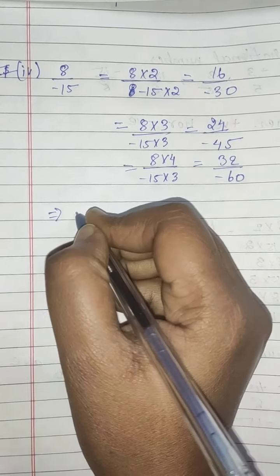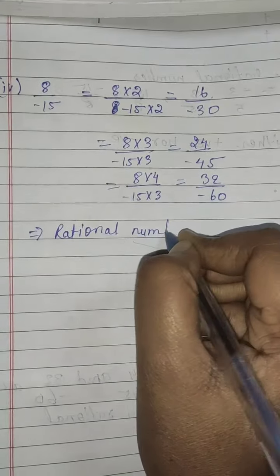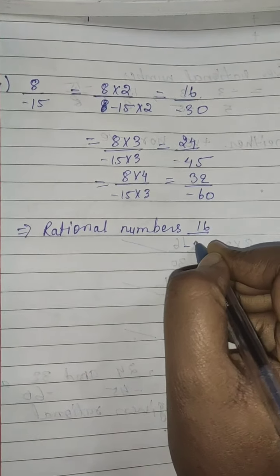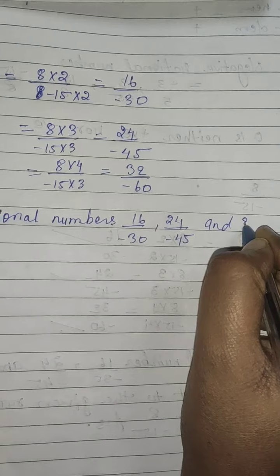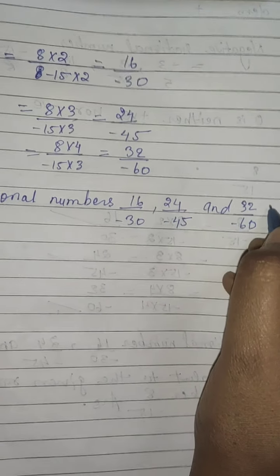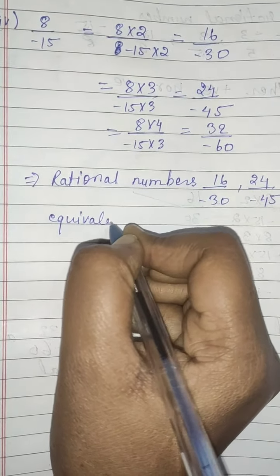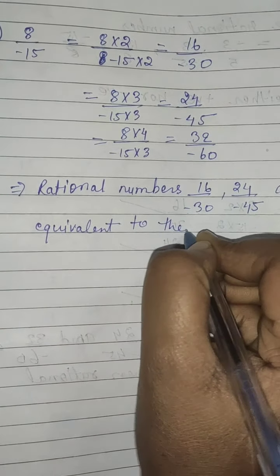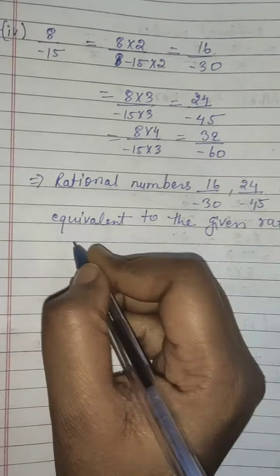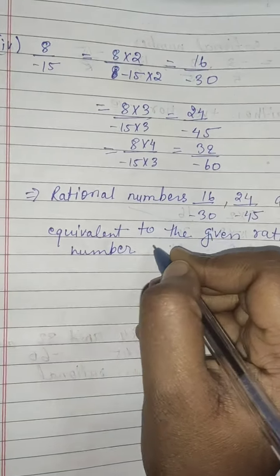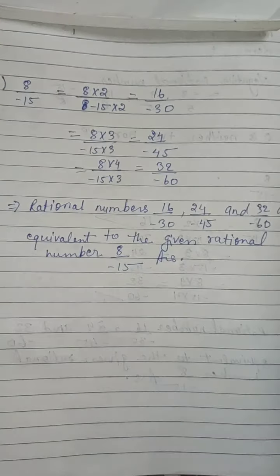So here we will write: rational numbers 16 by minus 30, 24 by minus 45 and 32 by minus 60 are equivalent to the given rational number 8 by minus 15. Okay, this is the answer.